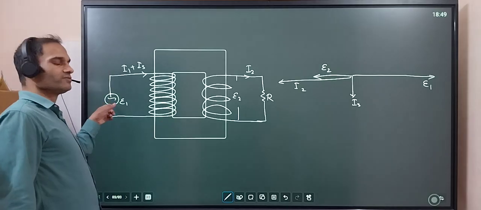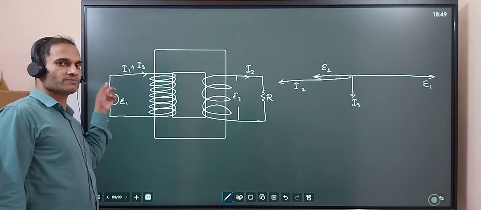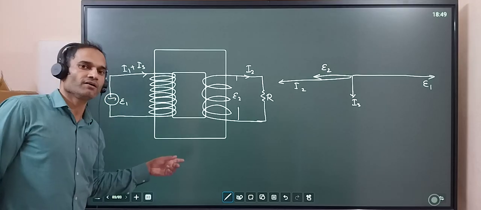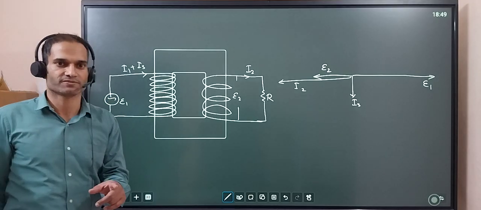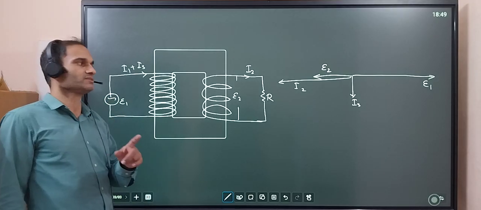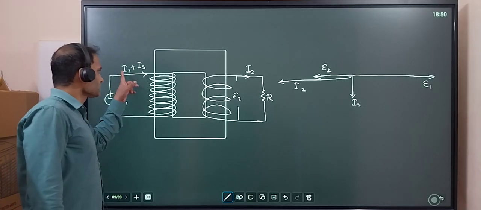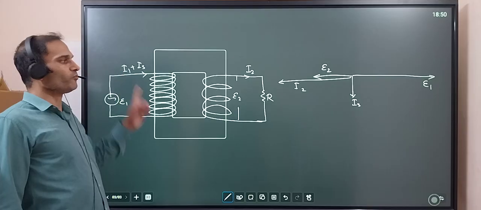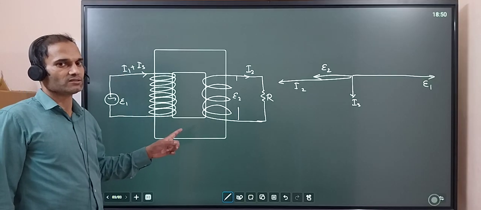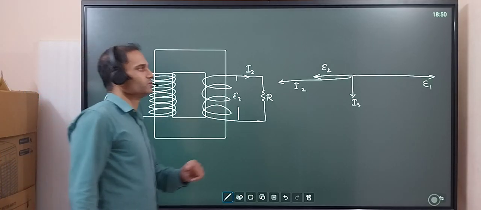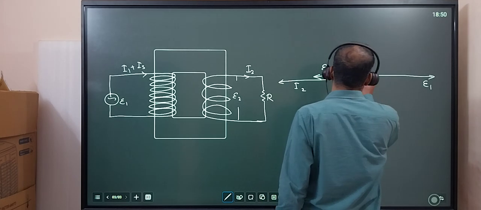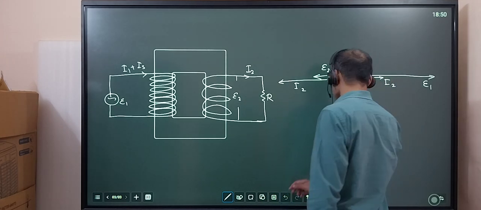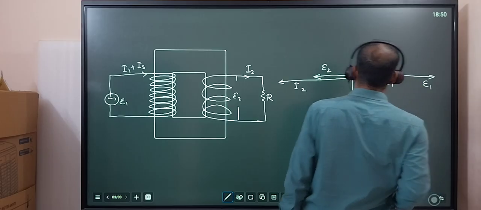But here the source EMF is the same, so we want to keep the flux unchanged. So one extra current I1 will come here, and that I1 will oppose the I2. So I1 and I2 will be out of phase. Now the things are complete.